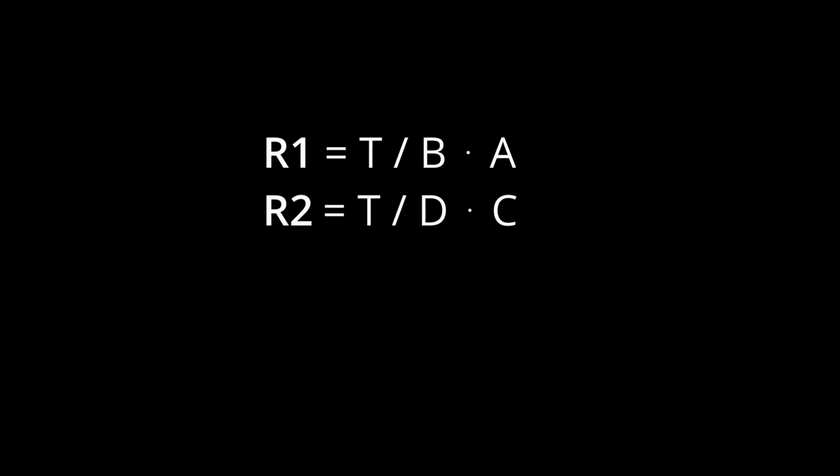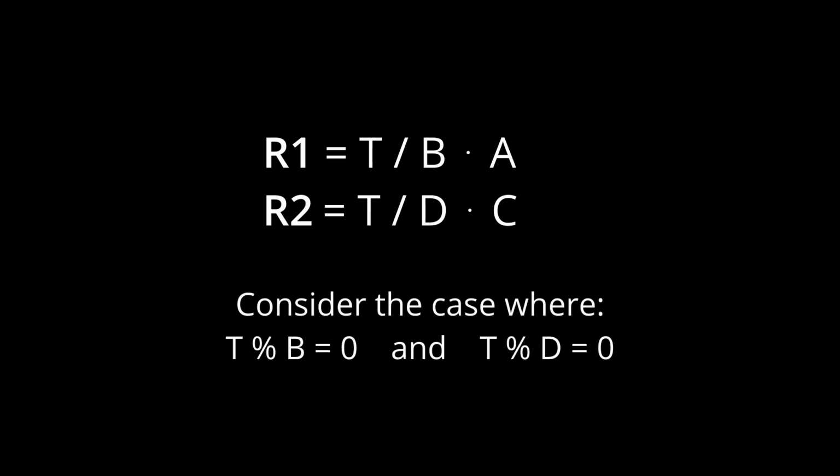This number is t divided by b times a, and this one is t divided by d times c. Let's say that t divided by b and t divided by d both have remainder of 0. Then what would happen if I multiplied them both by b times d?